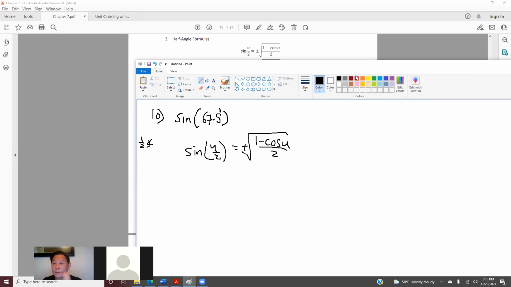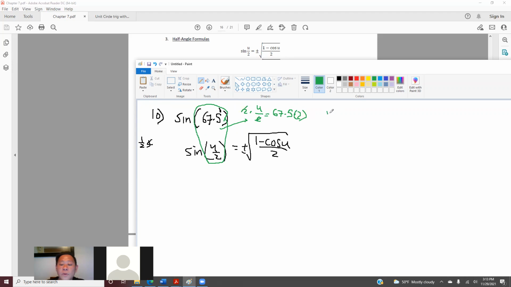So what we need to do here is to figure out what u is. So we just take this 2 and make it equal. So u over 2 is equal to 67.5. So you multiply both sides by 2.